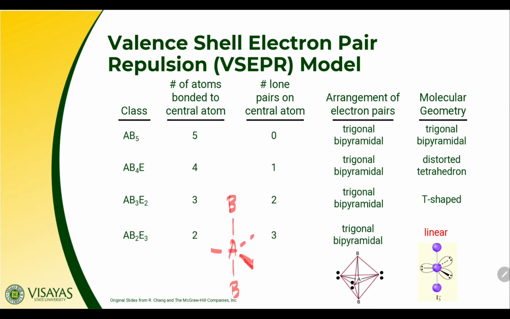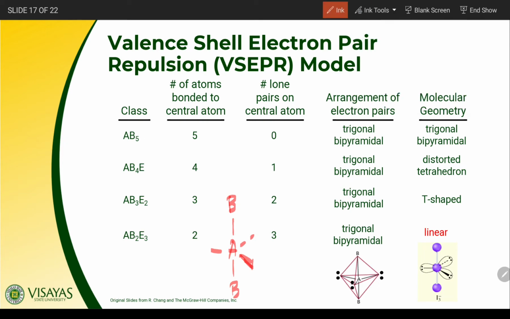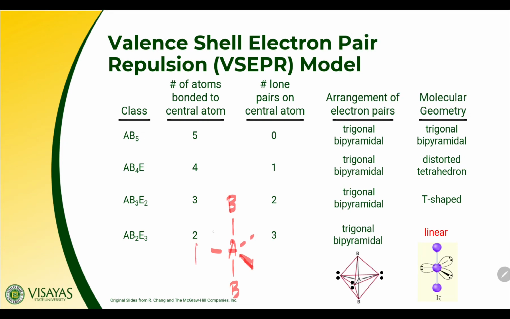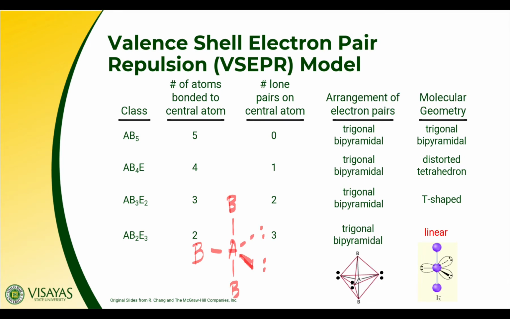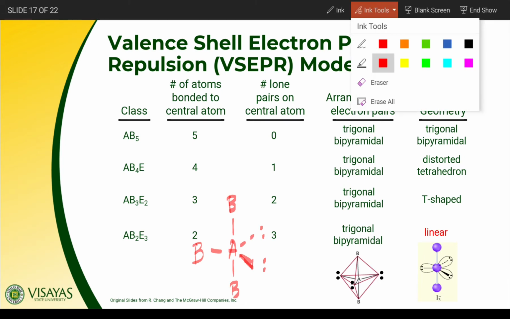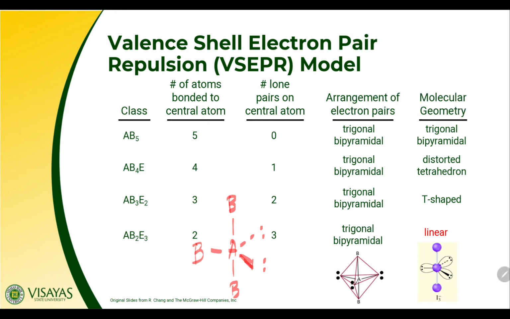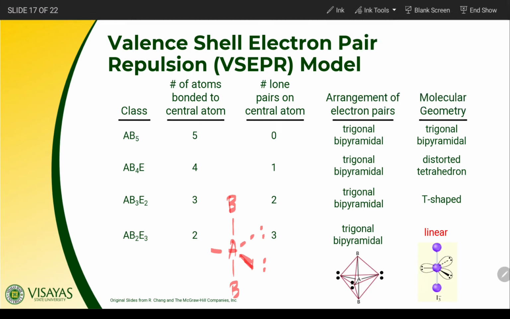AB3E2 is T-shaped, alright? So what we do is, instead of an electron pair, this is a bonded atom, and we have our lone pair here. That's AB3E2. For AB2E3, this here is another lone pair.